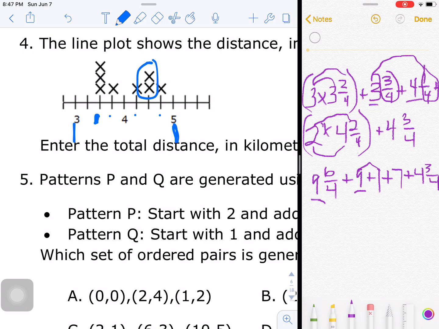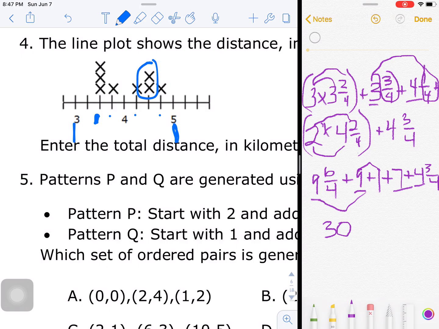So 9 and 10 is 19, and 7 is 26, and then 26 plus 4 is 30. So when I add up all my whole numbers, I have 30.